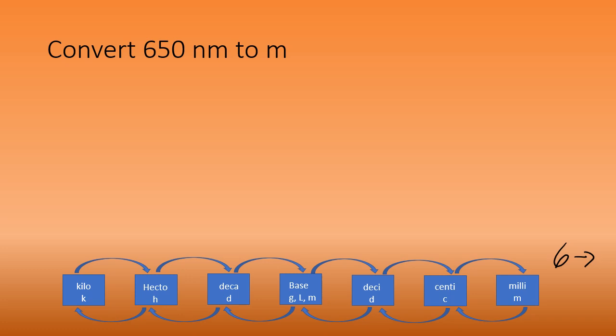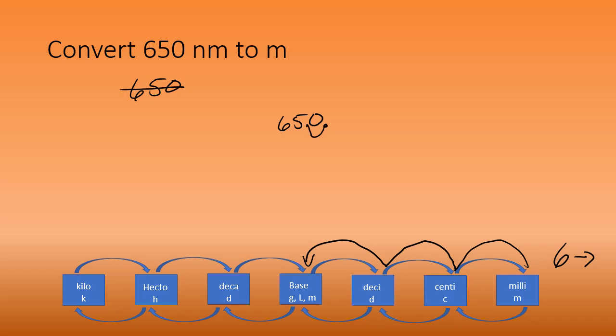And so if we wrote our 650 down, we put our decimal here, and we considered that we'd have to take 6 jumps to the left to get to the milli spot, and then from the milli spot we would need to still go 7, 8, 9 jumps to get to the base spot, the meter. So we would move our decimal place 9 spots to the left.